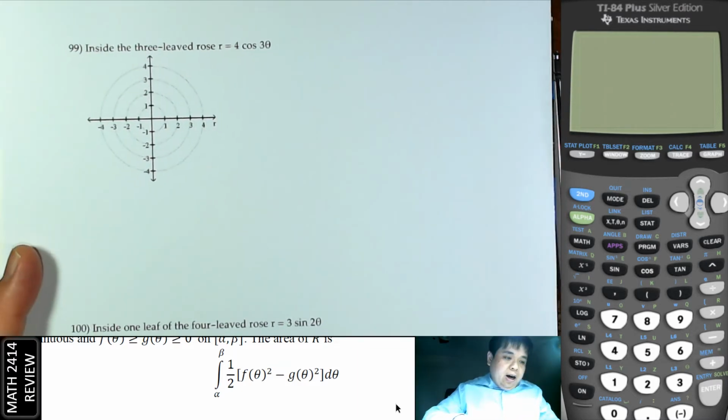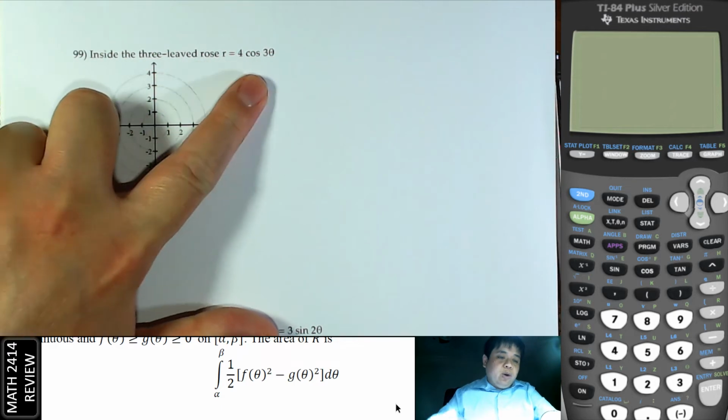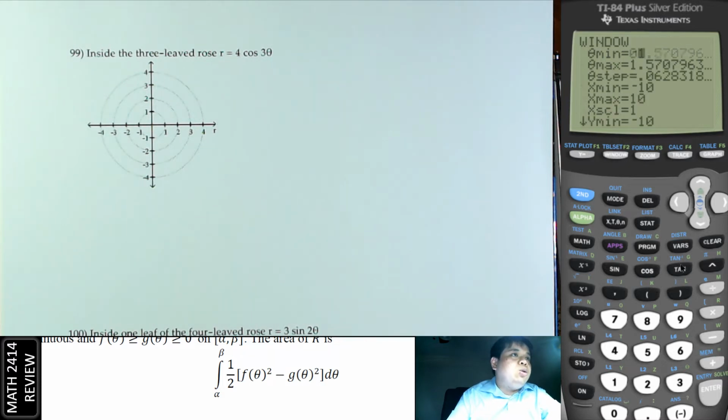Next, find the area inside the 3 leaf rose r equals 4 cosine 3 theta. Right. Change the window from 0 to 2 pi by default.